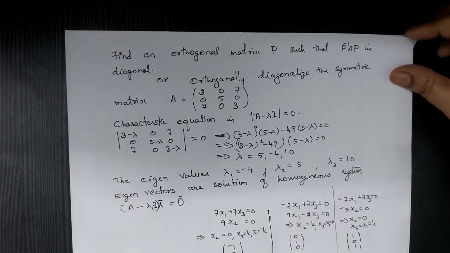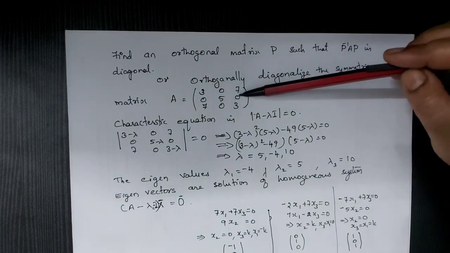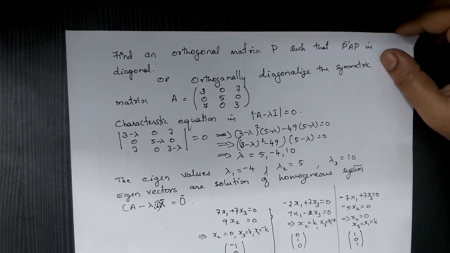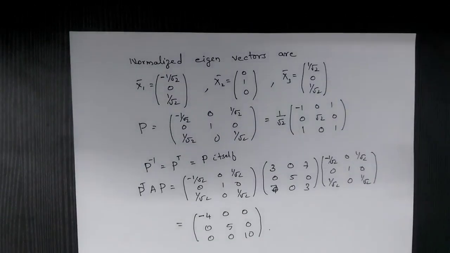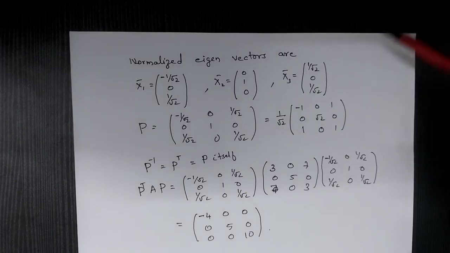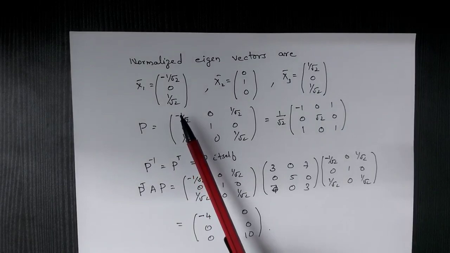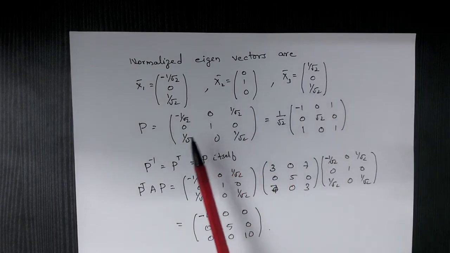Now look at A, it is a symmetric matrix. So, when you write P, we can write the normalized eigenvectors so that we can avoid finding P inverse. So, let us normalize the eigenvectors. The normalized eigenvectors are thus x1 vector, x2 vector, x3 vector.